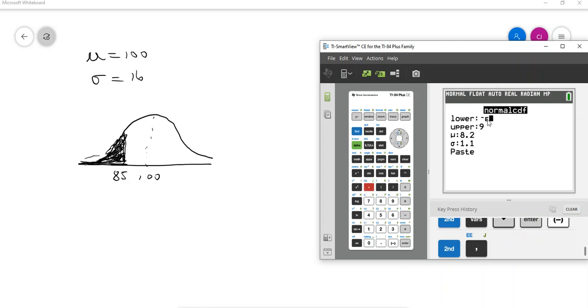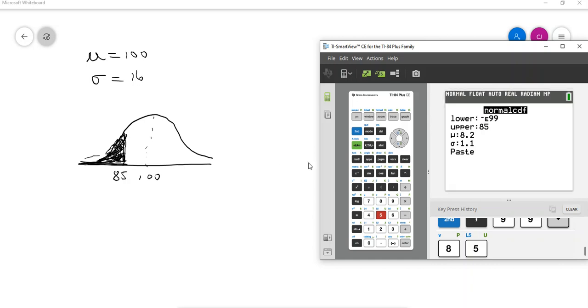So we get negative little e 99 up to 85. Okay, why did I do that? Well, there's no number over here. I don't know what to use, so I use, this is the standard, negative E99 in these calculators, right? Which stands for negative infinity.